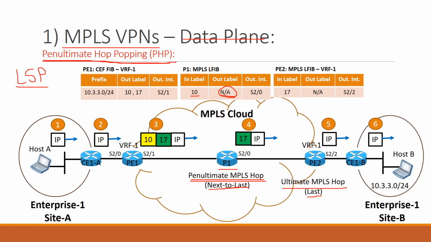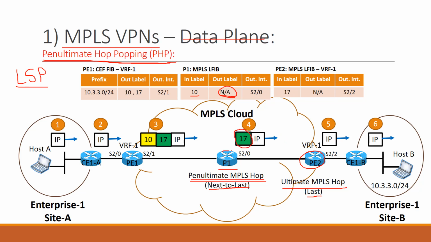Why? To save some work for the last hop, the ultimate MPLS hop. Instead of doing two lookups, it will do only one lookup because it will receive a labeled packet with only one label.